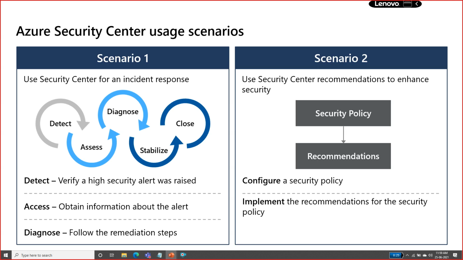You can define a security policy inside Azure policies, and it will recommend the security policy or security standard you can follow in your organization. It gives you recommendations on how to approach and implement those services in your organization.